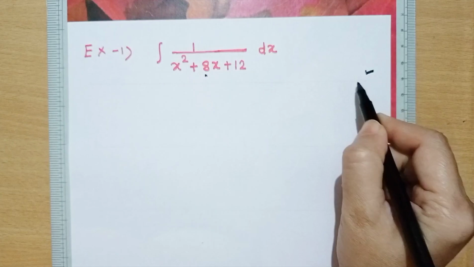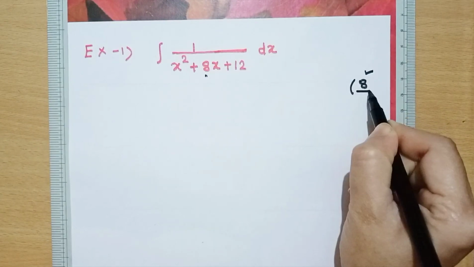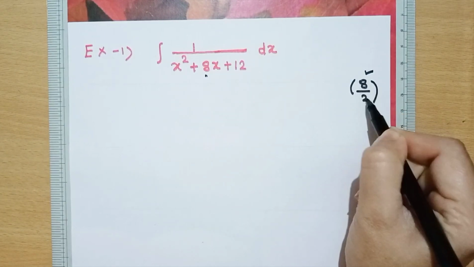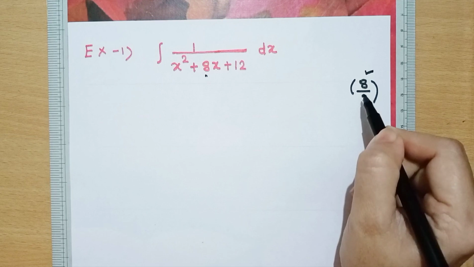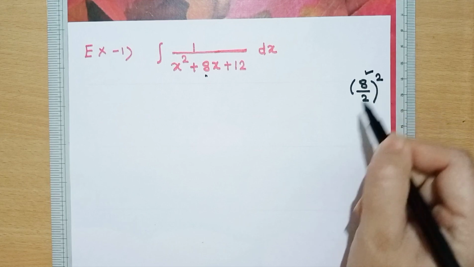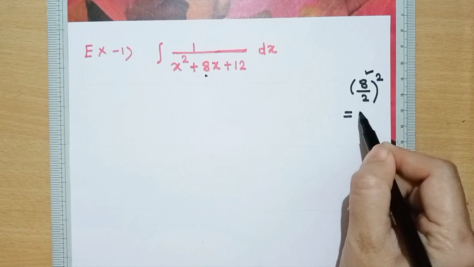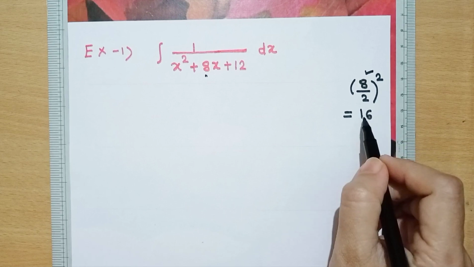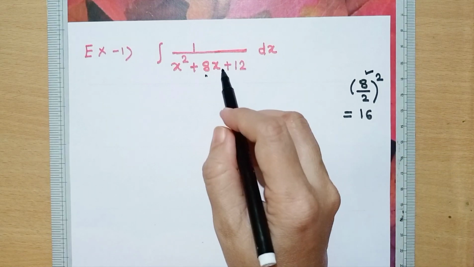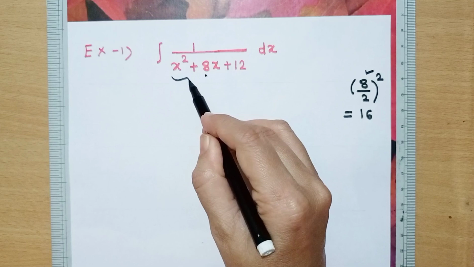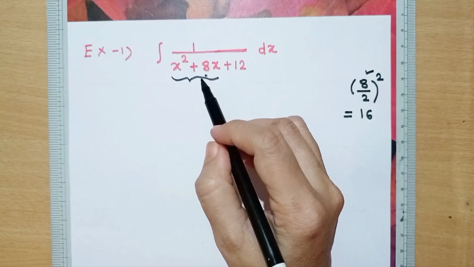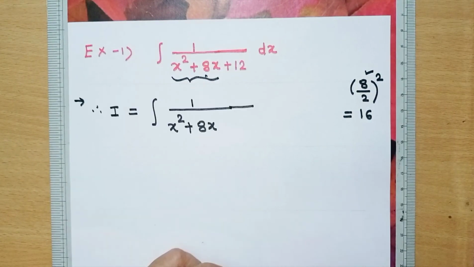So the coefficient of x is 8, so 8 upon 2. Now 8 upon 2 is 4 and we have to make the square of this, and this square, 4 square is 16. We have to add and subtract 16 here to make this term a complete square.